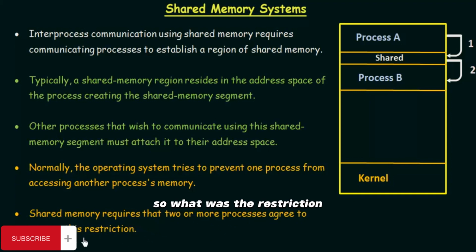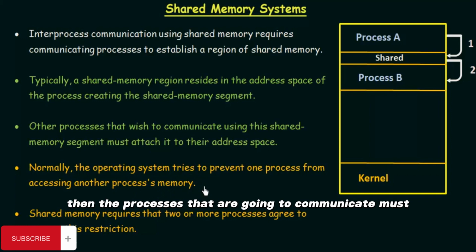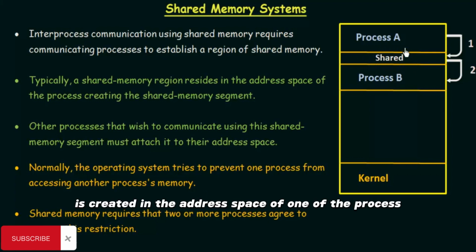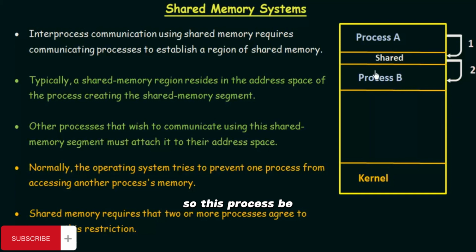The restriction was that one process's memory cannot be accessed by another process. If we want shared memory systems to work, the processes that are going to communicate must remove that restriction, because this shared region, as I already told you, is created in the address space of one of the processes. So process B should be able to access this memory region of the other process, and vice versa.